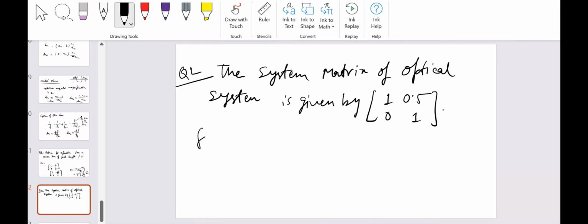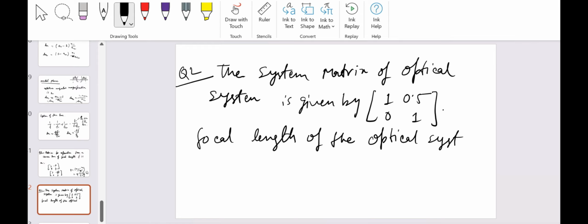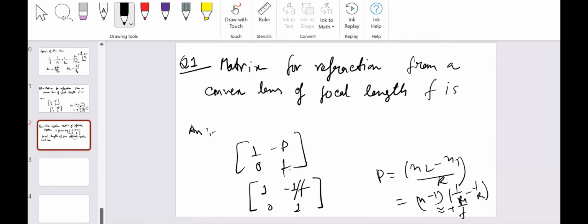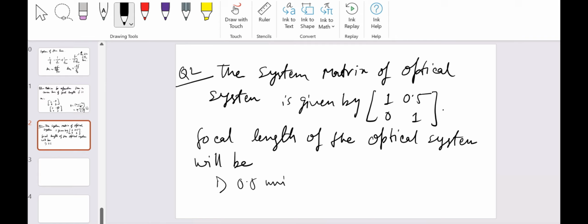The focal length of the optical system will be: A 0.5 unit, B minus 2 unit, C 2 unit, and D none of this.